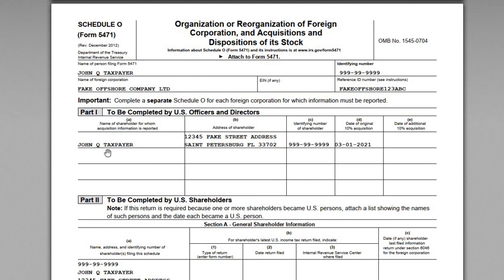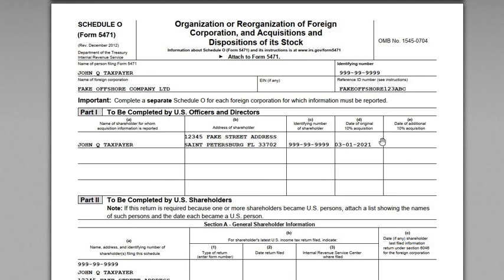So we have the name of the shareholder, that's John Q. Taxpayer, the address here, his ID number, and the date that he acquired the shares, right? So the date of organization. Now the date of additional 10% acquisition, this would, again, if we think about the hypothetical, file this in year 1, and then years 2, 3, 4, and 5 down the road, no filing required.